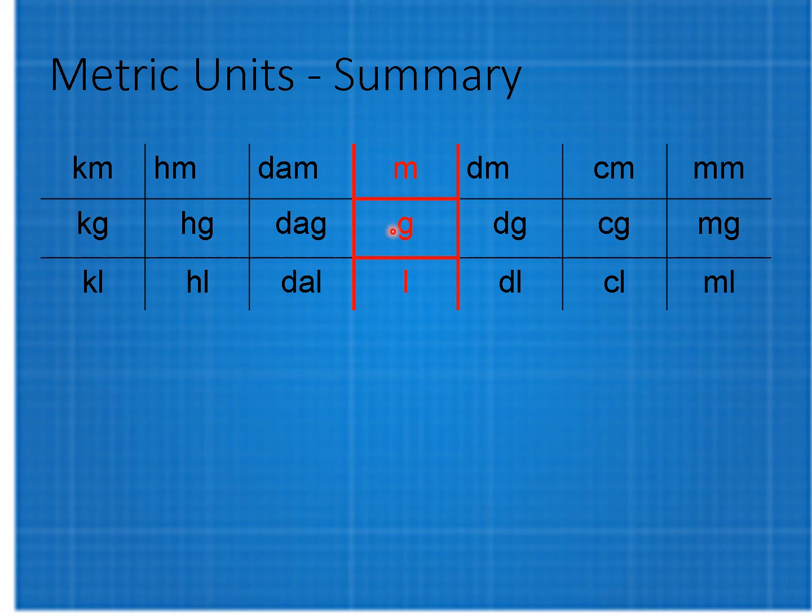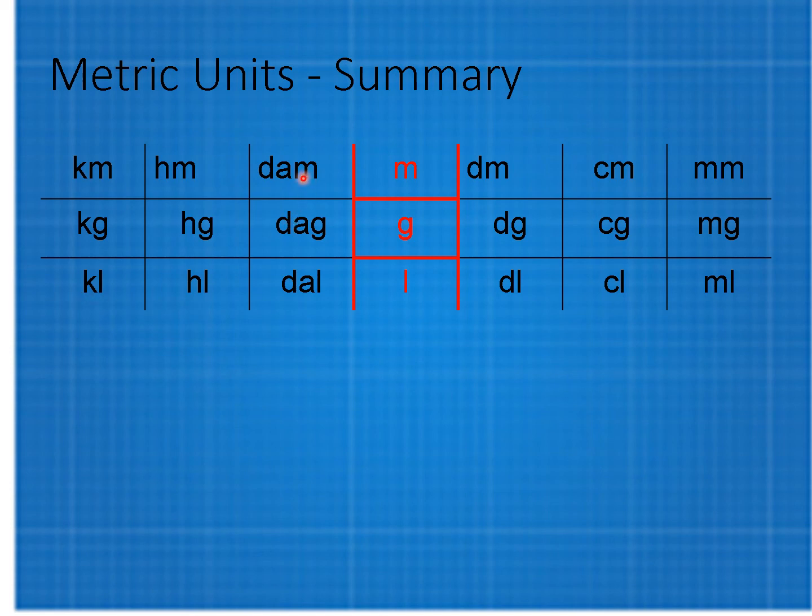For the mass, the basic unit is the gram, and we have the decigram, the centigram, and the milligram. Going to the left, we have decagram, hectogram, and kilogram. For the volume, or the capacity, the basic unit is the liter. Going to the right, we have the deciliter, centiliter, and milliliter. Going to the left, we have the decaliter, hectoliter, and kiloliter.